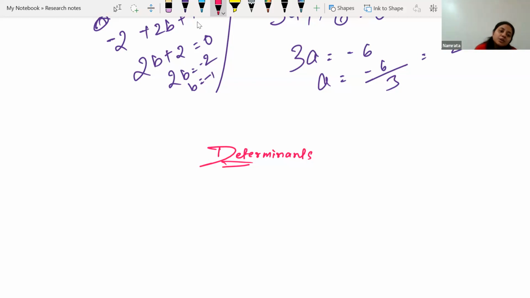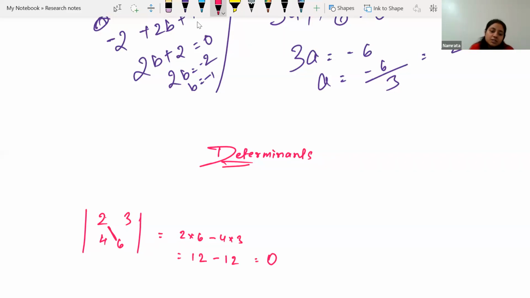We will have determinants like this, maybe 2 3 4 6, and you must know how to find the determinant of this one. We do the multiplication: 2 into 6 minus 4 into 3. That will be 12 minus 12, and here it will be 0.